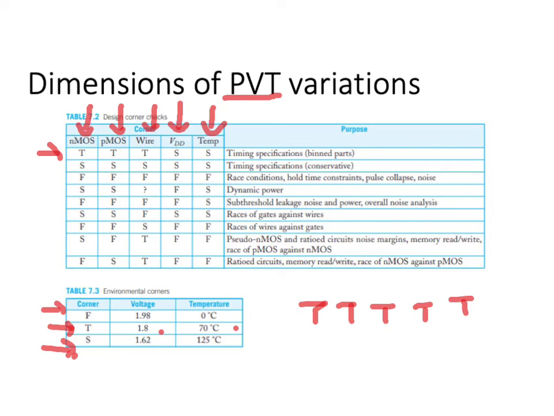So this is just looking at variations in operating conditions, so that you can do bin parts. And if you want to find the worst case performance of the circuit, you'd actually simulate for the SSSSS corner, that is the slowest of all the 5 dimensions of variability.